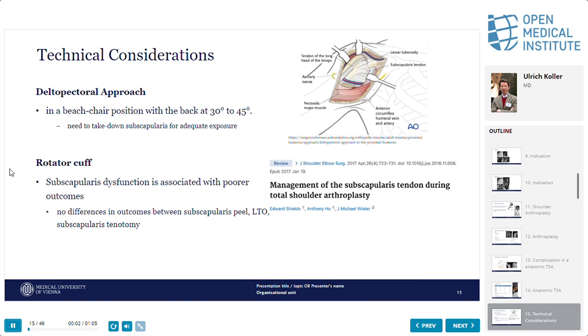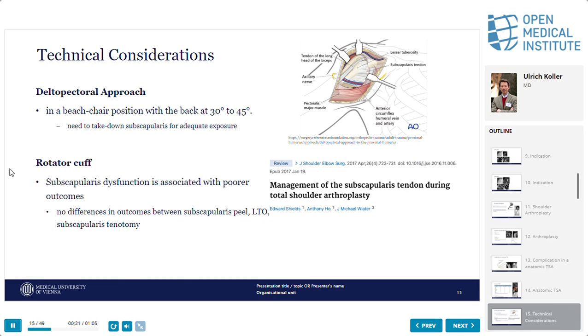First of all, the deltopectoral approach is mandatory for the implantation of the shoulder prosthesis, and the rotator cuff: a lot of people are discussing how to peel off or how to do an osteotomy for the subscap or a refixation of the subscap.